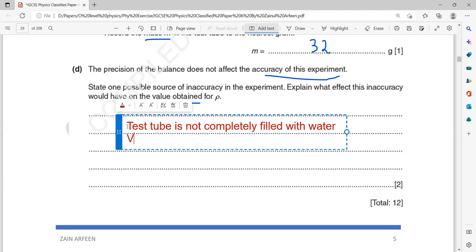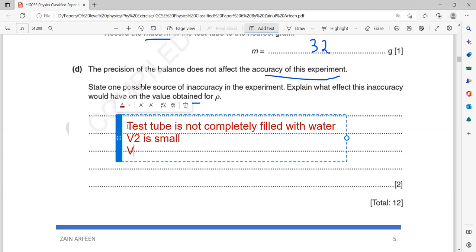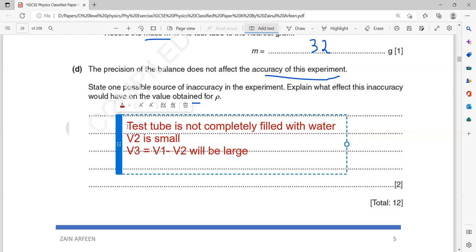As a result, V2 will be small, and then V3, which equals V1 minus V2, will be large. And if the volume V3 is large, the density will be lower.